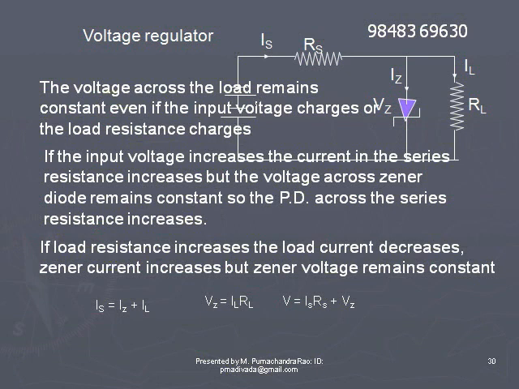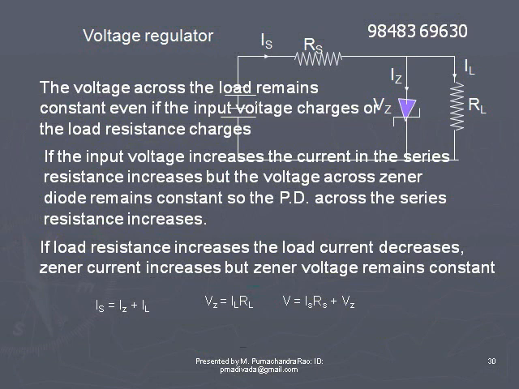So the same voltage will be applied across the load resistance. If the load resistance decreases, the current through the load increases. Even if the current through the load increases, the voltage across this load remains constant because it is Vz that is applied across it. As IL increases, Iz decreases. Even if Iz decreases, Vz will not change. So the same voltage is applied across the load resistance.